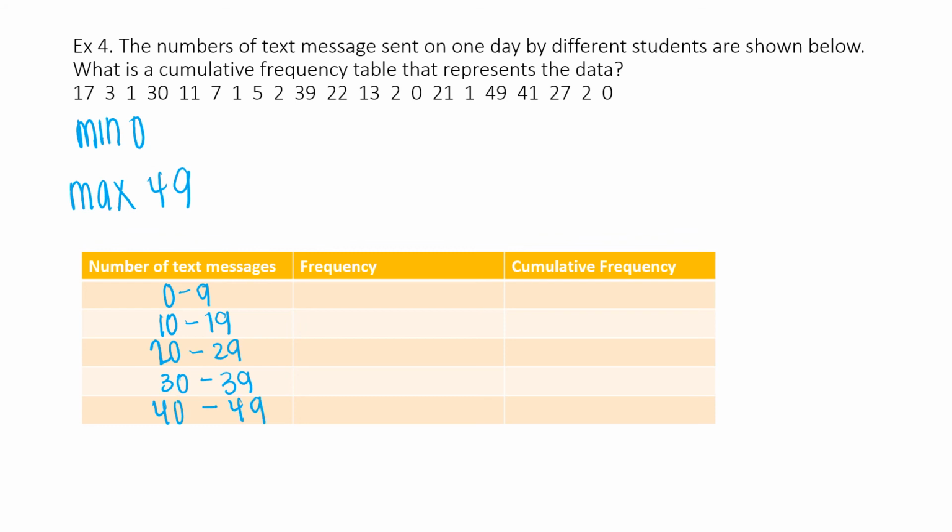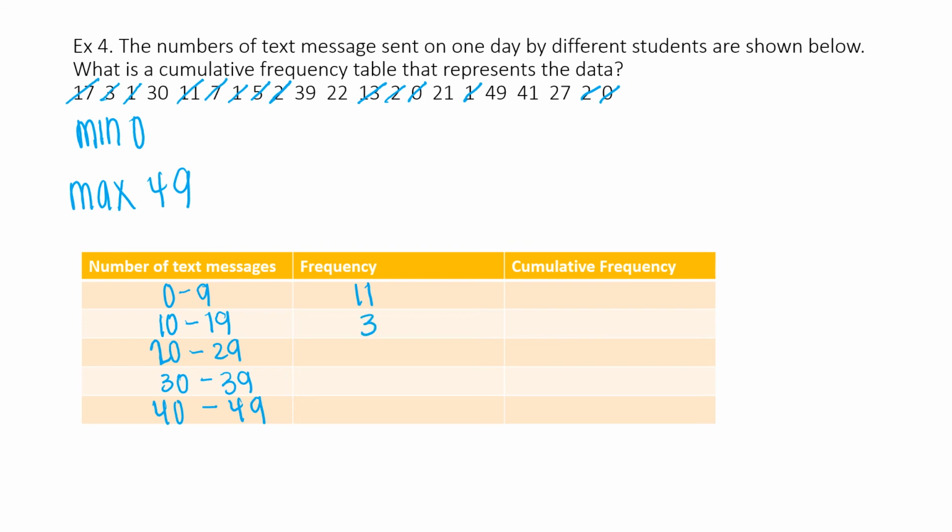Okay, so how many do we have between 0 to 9? 1, 2, 3, 4, 5, 6, 7, 8, 9, 10, 11. Okay, how many do we have from 10 to 19? 1, 2, 3. So that would be 3.